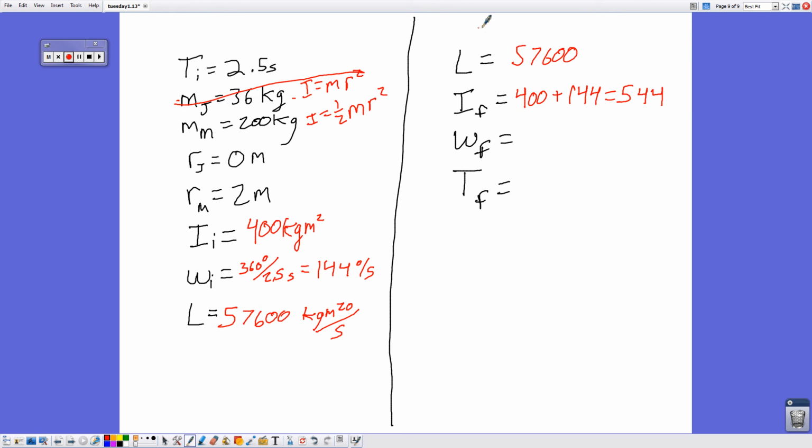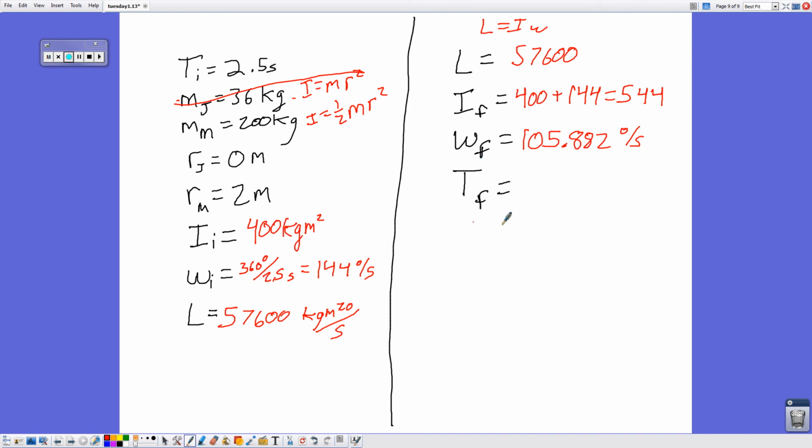I have my moment of inertia, and I have my angular momentum, so I can solve for my new angular velocity, which is going to be that big ugly number divided by 544, which is going to give me 105.882 degrees per second. That's too many sig figs. I should have just made it 105.9, whatever.